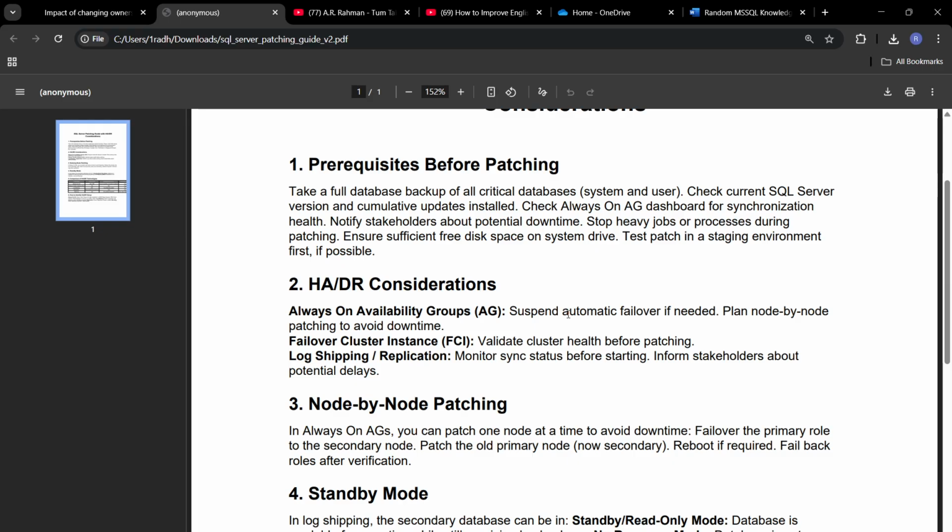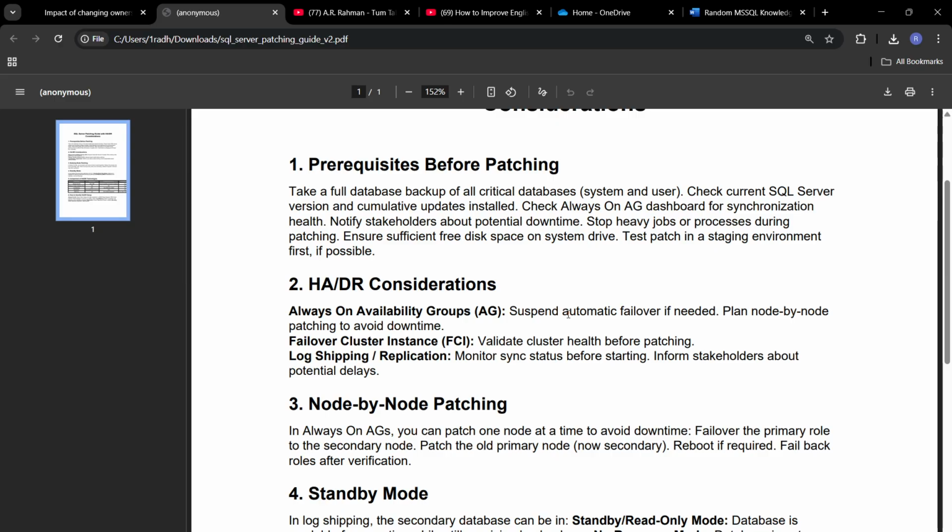Suppose you have server A and server B, where server A is the primary and server B is the secondary, and you need to patch the instances. First you need to do the failover on server A, so that server A becomes the secondary server and server B becomes the primary server.